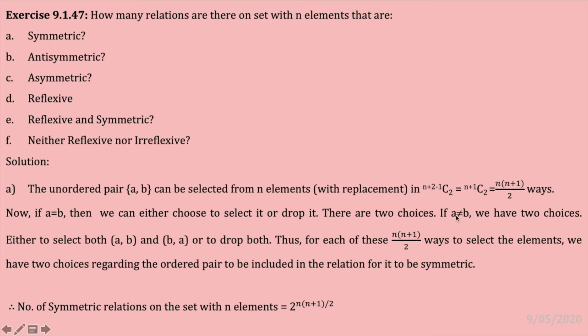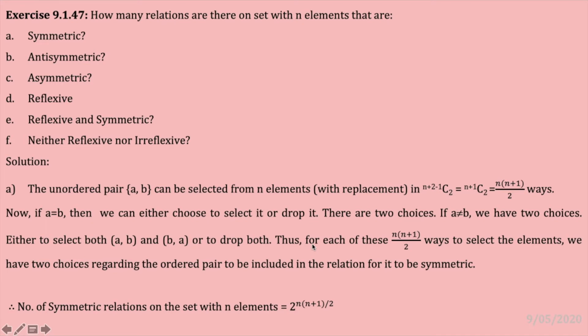Also, when A is not equal to B, that means the ordered pair is of nature AB, where A is not equal to B, then also we have two choices. Either we can select both the ordered pairs AB and BA because we want our relation to be symmetric, or we can drop both these ordered pairs AB and BA.